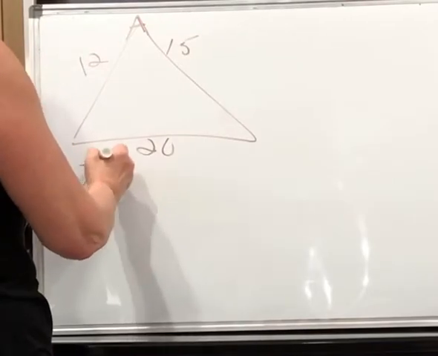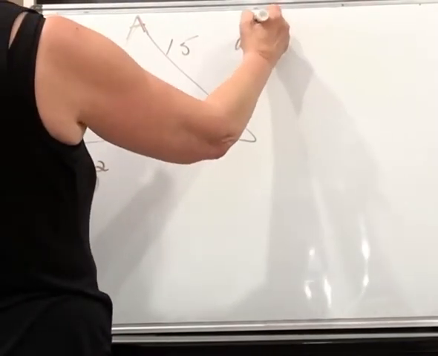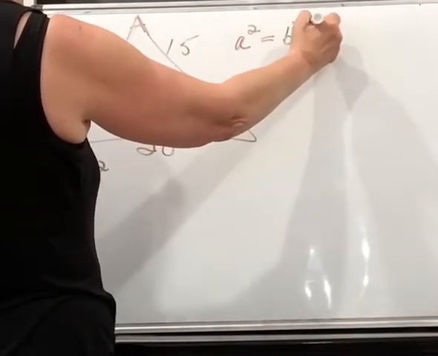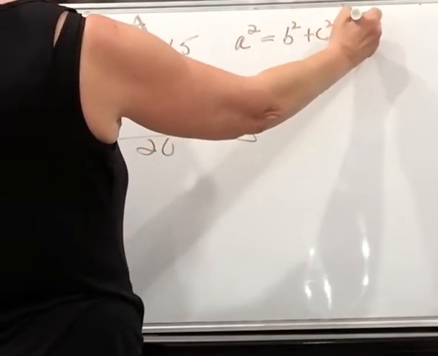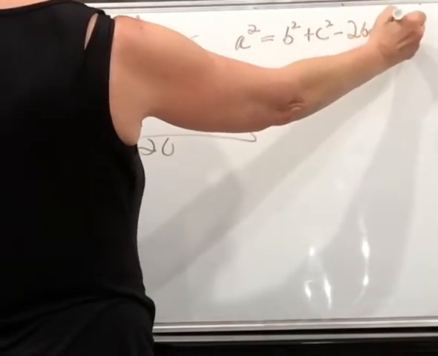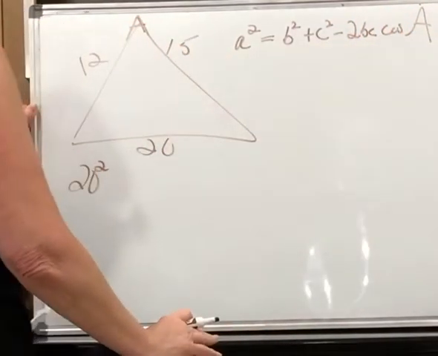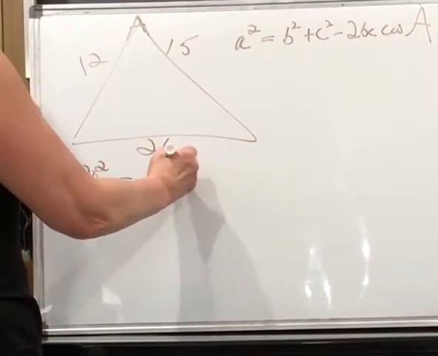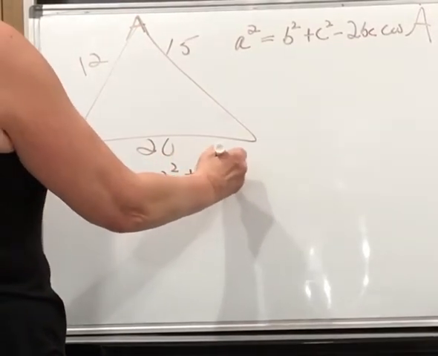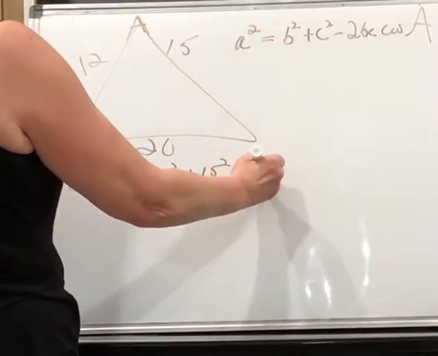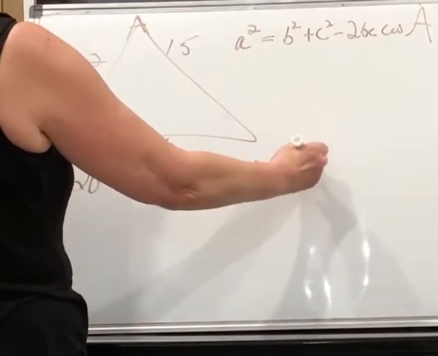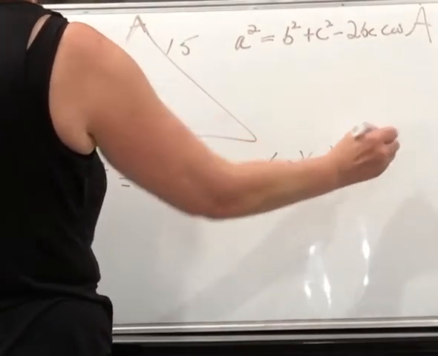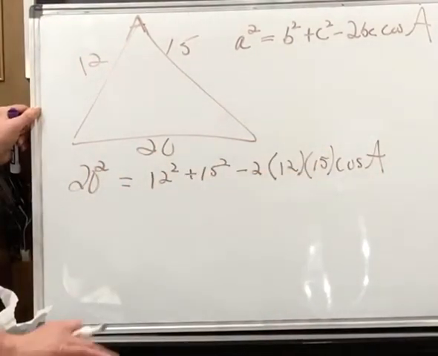So 20 squared, I'm calling that little a squared, is equal to b squared plus c squared minus 2bc cosine of the angle that I want. So 20 squared equals 12 squared plus 15 squared minus 2 times 12 times 15 times the cosine of A.